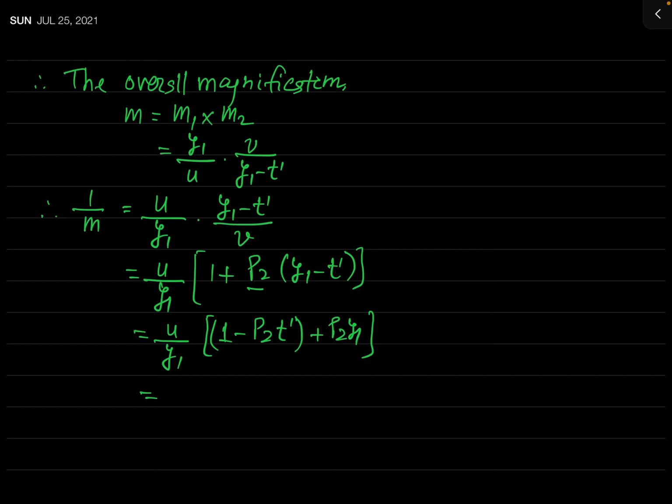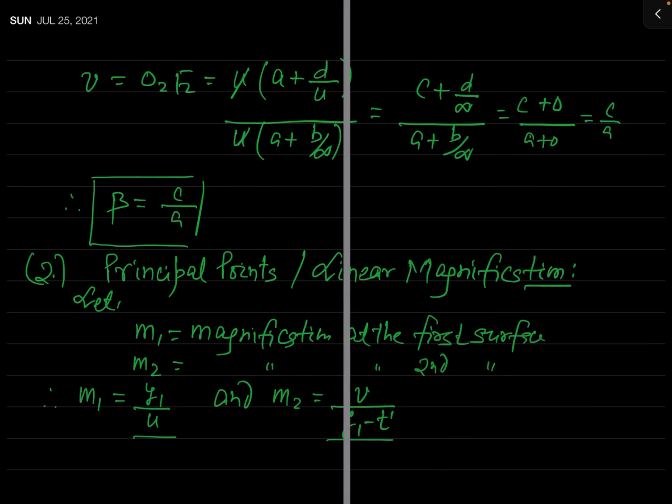Now we will multiply by the factor U by Y1 to the bracketed term, and this will be 1 plus P1 U into 1 minus P2 T prime plus P2 U, and you can check this will be equal to aU plus b.